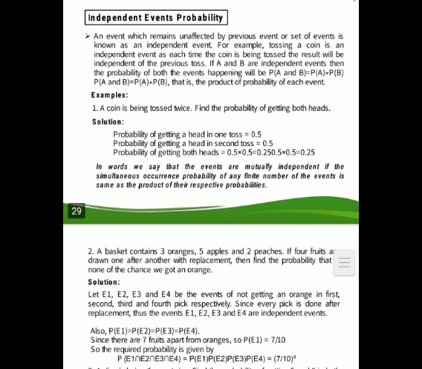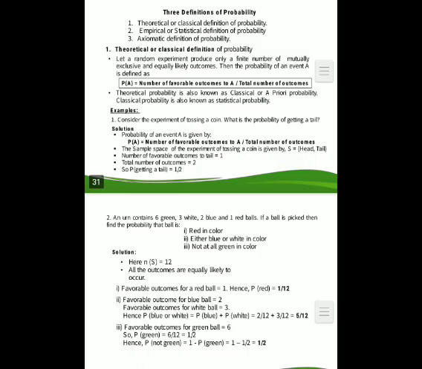So the required probability is given by P(E1 intersection E2 intersection E3 intersection E4) is equal to P(E1) P(E2) P(E3) P(E4), which is equal to (7 over 10) to the fourth power. So these are the 3 definitions of probability.